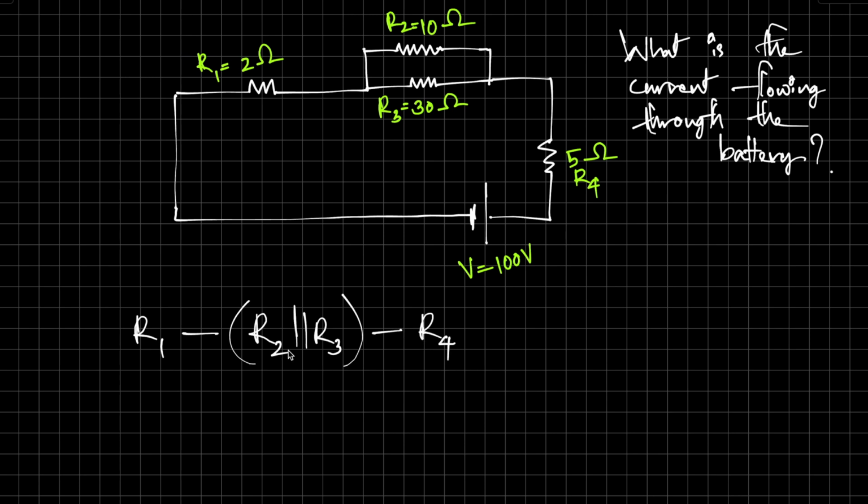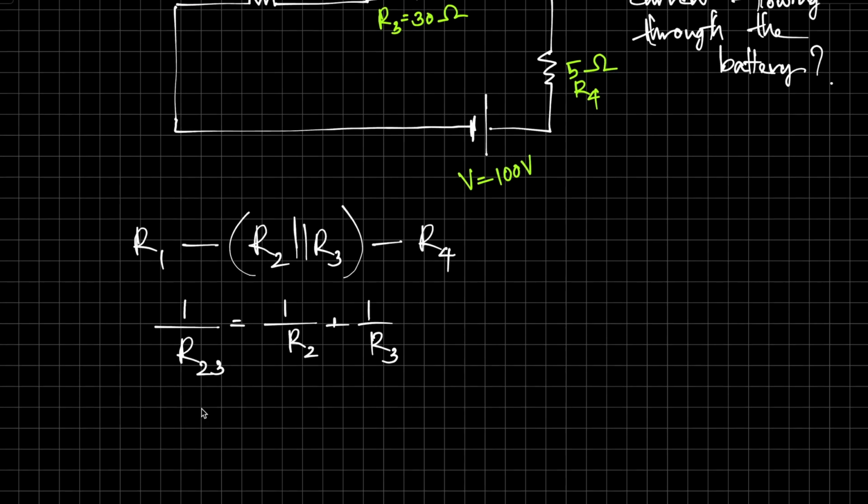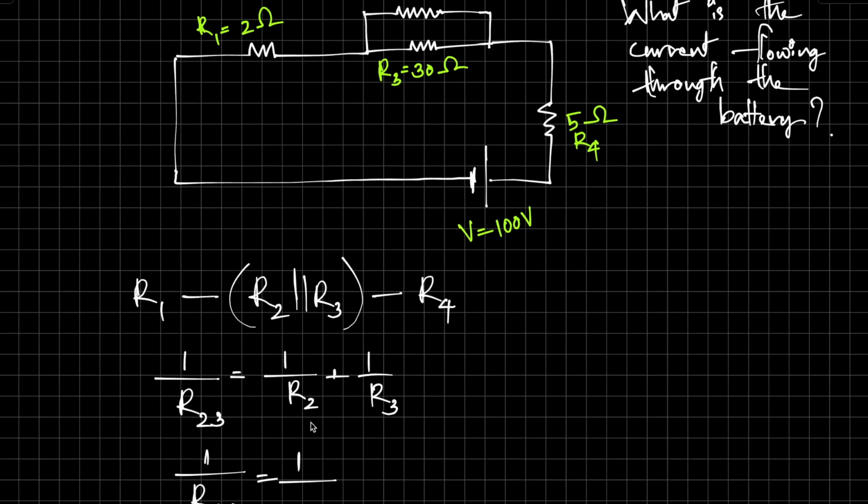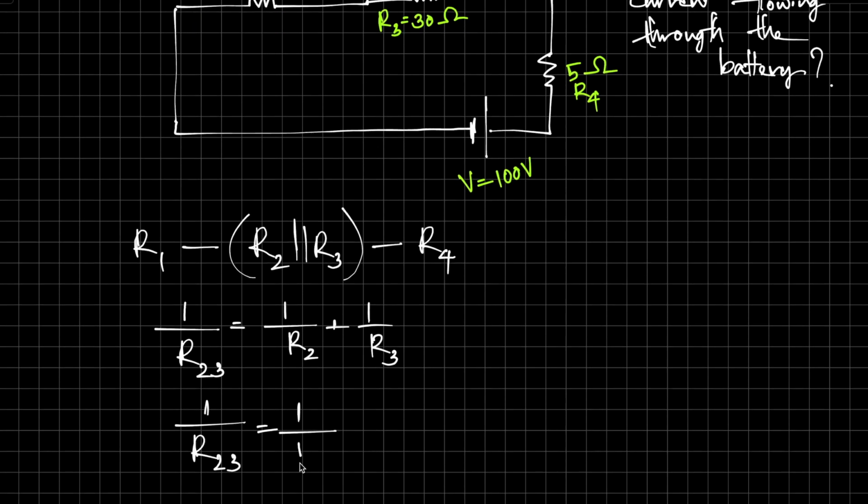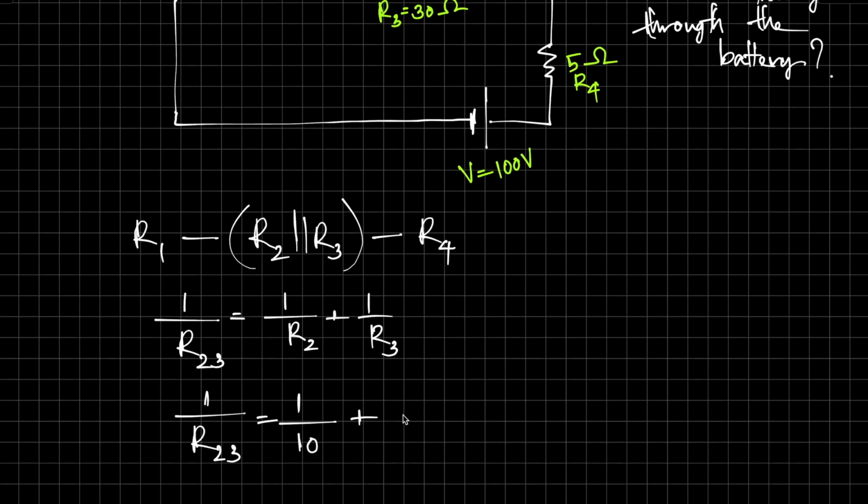So we're going to start with R2 and R3. We're going to find the equivalent resistance of R2 and R3. They're connected in parallel, so 1 over R23, the equivalent resistance of R2 and R3, is equal to 1 over R2 plus 1 over R3. So 1 over R23 equals, R2 is 10 and R3 is 30.